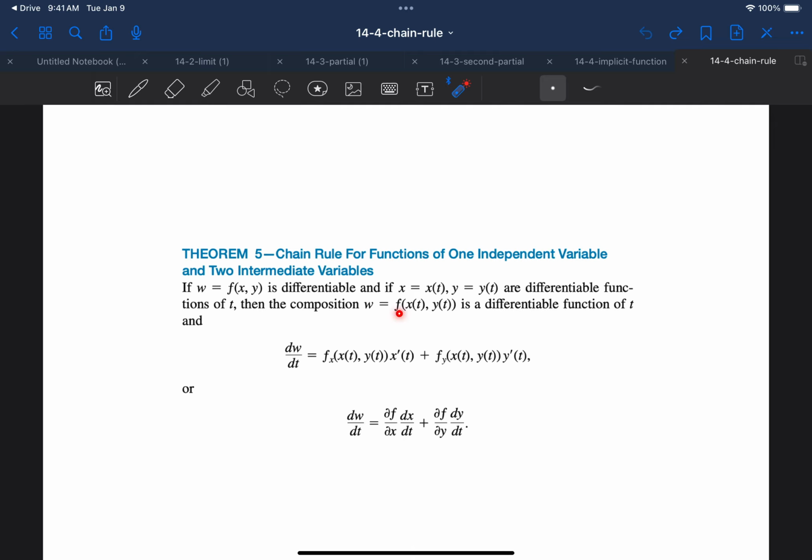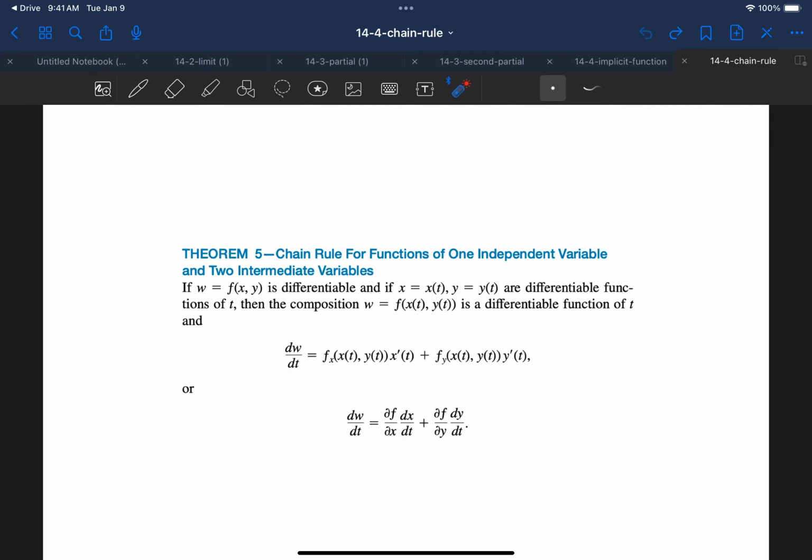So w equals f of x of t, y of t is a differentiable function of t, and whenever you need to find dw/dt, because w is a function of t, you can compute dw/dt, the derivative with respect to t.